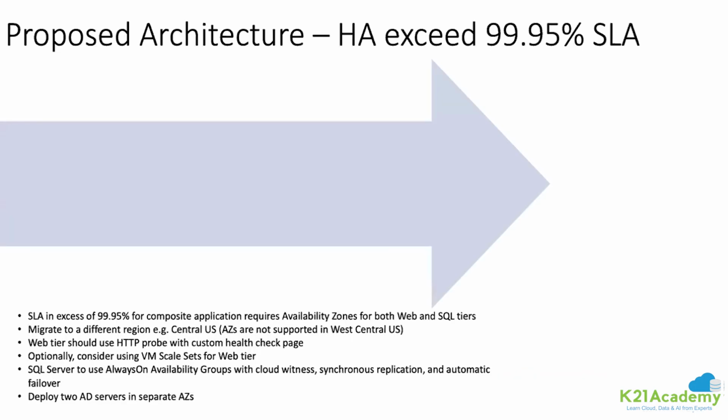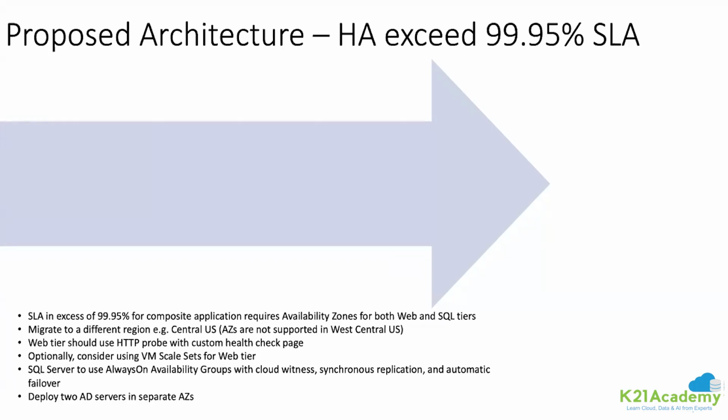So first of all, proposed architecture, which includes high availability exceeding 99.95% SLA. I have tried giving the slide a heading in a way that it will address the problem statement given by the customer, and the proposed solution around that. Okay.